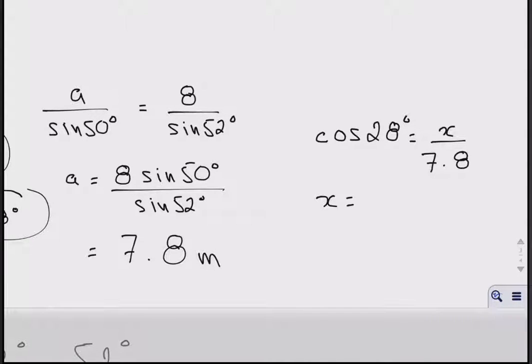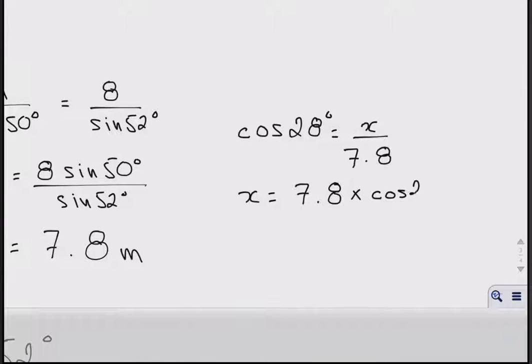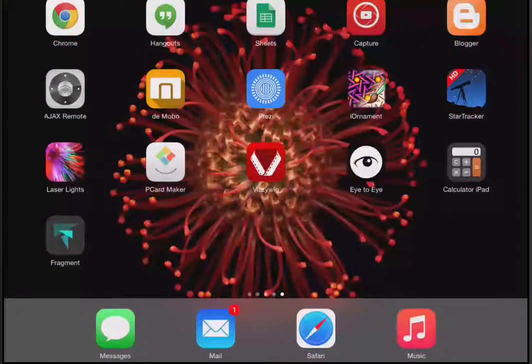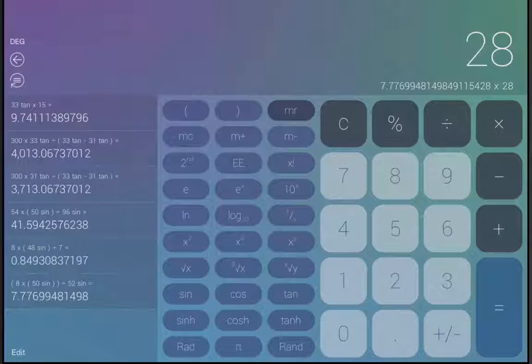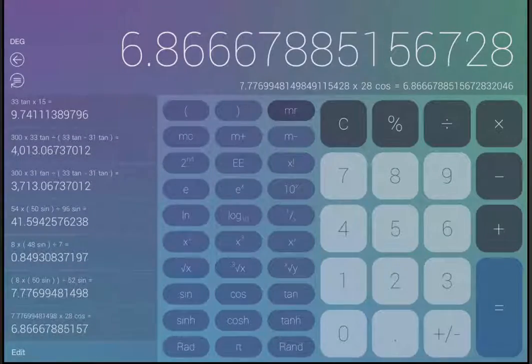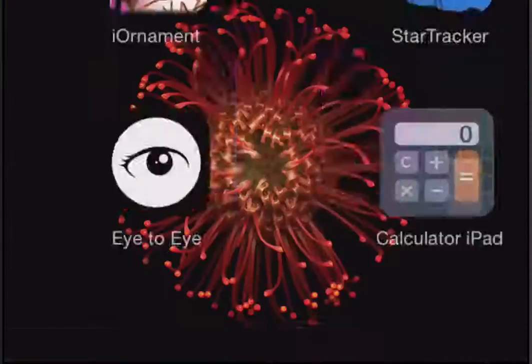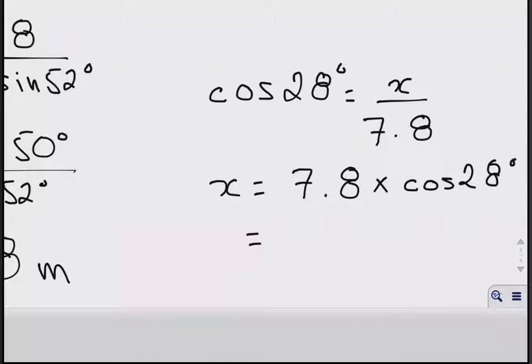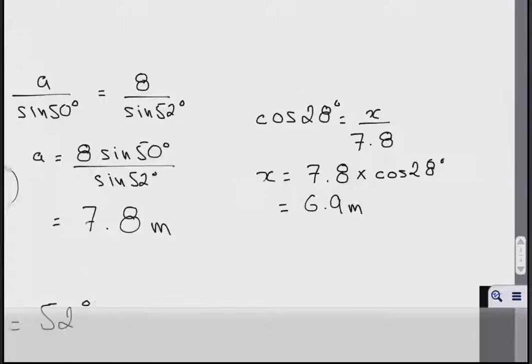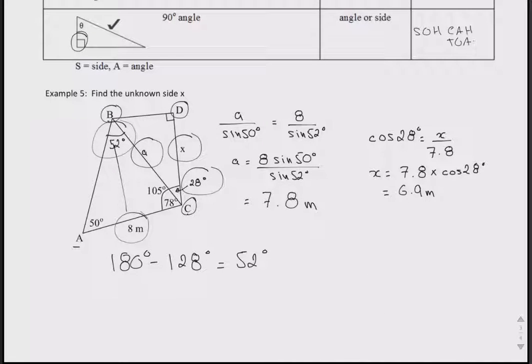And therefore x equals 7.8 times cosine of 28. Which yields what? Times 28 cos, 6.9 meters. There we go. There is our side.